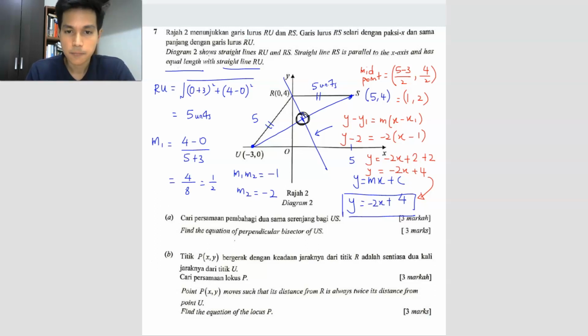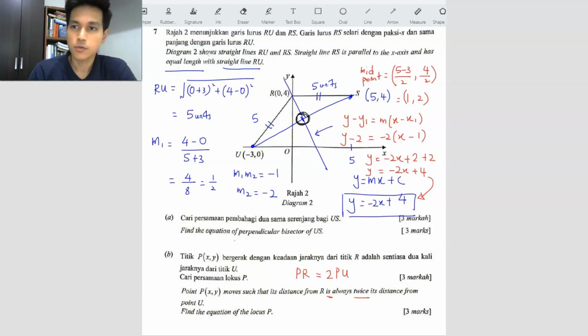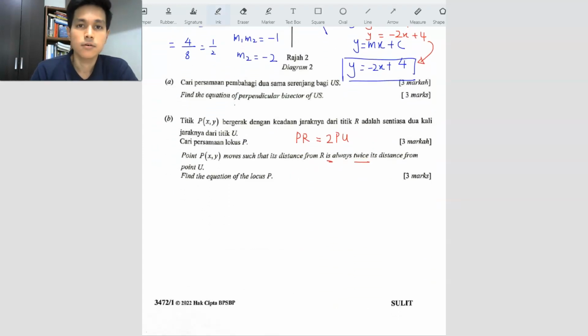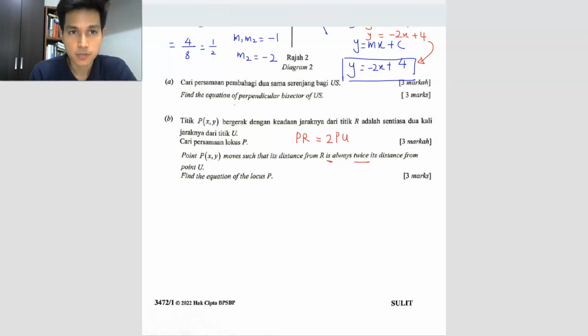So the locus moves in such a way that the distance from R, so that means PR, is, and "is" means equal, twice, so 2 times its distance from U, so PU. So this is your equation. So now with this we can straight away find our equation, because the question is asking for the equation, right? So let us do this together.